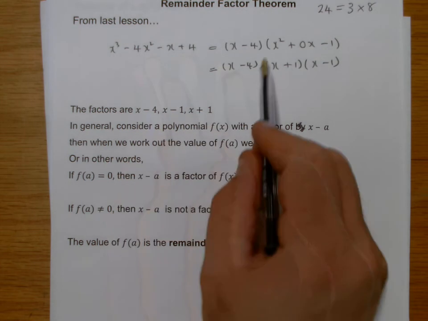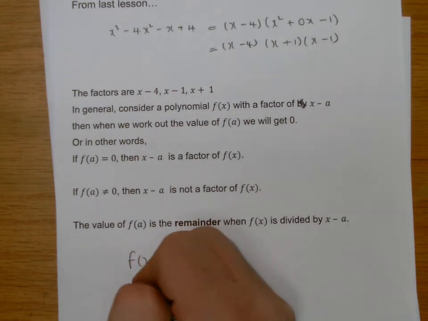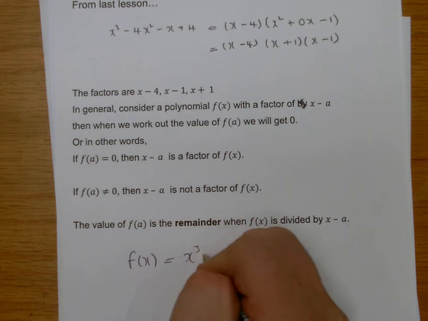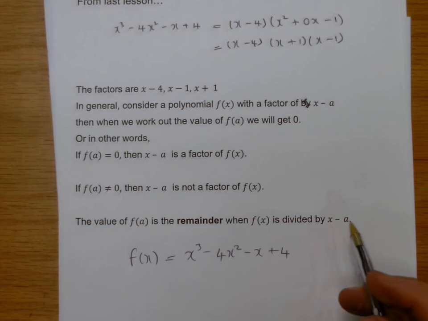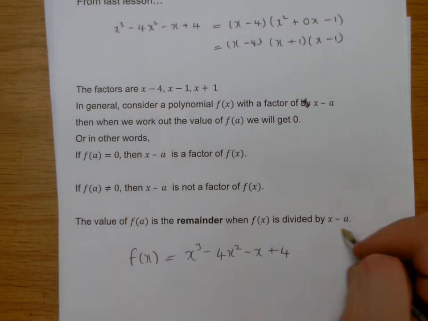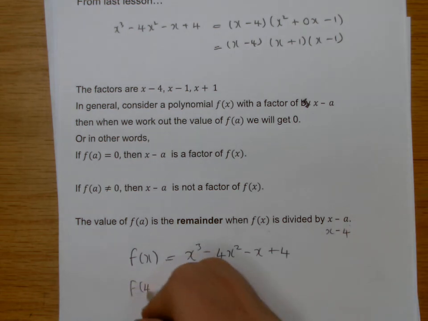So let's just try it for a couple of these up here. We know x minus 4 is a factor of this. So if I call it f of x, and I correspond it to what we've got here, a would be 4, because the minus is already in place. So I'm going to work out f of 4.